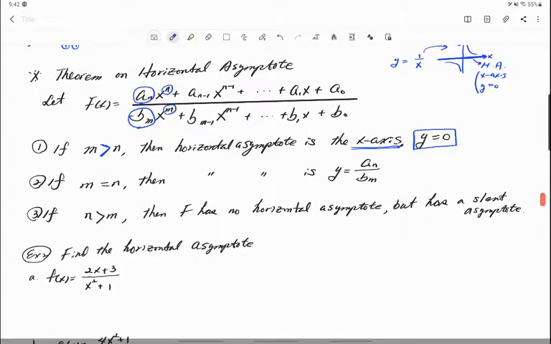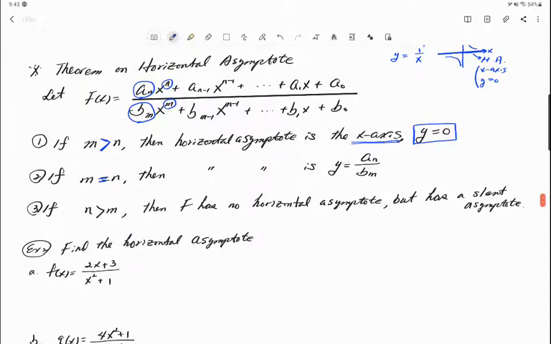And if the degrees of the denominator and the numerator are the same, then the horizontal asymptote is really simple: the leading coefficient of the numerator over the leading coefficient of the denominator. Really simple, right?